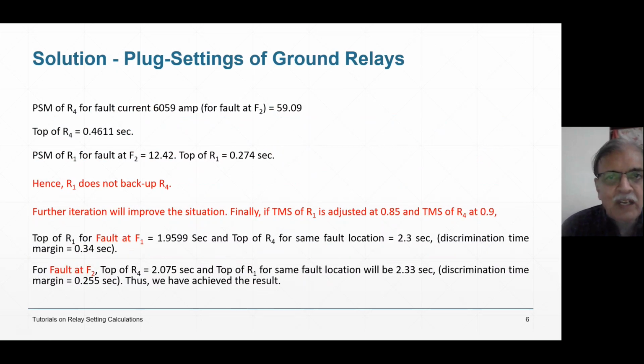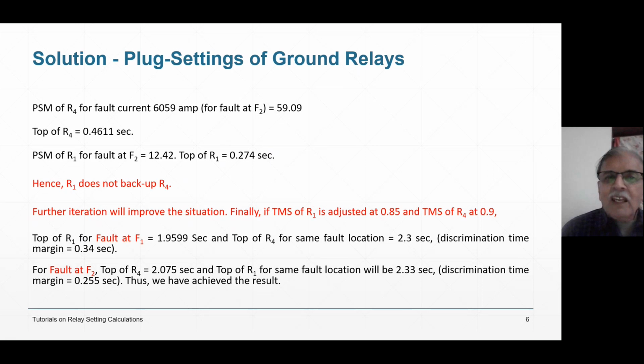That is for fault at F2, and PSM is 59.09. 6059 ampere is the fault current, divided by what I have to do. The PSM I have to find out. So what is PSM? The PSM is 6059 divided by 1000, because 6.059 is the secondary current. 6.059 minus 0.15, that is what I have to do.